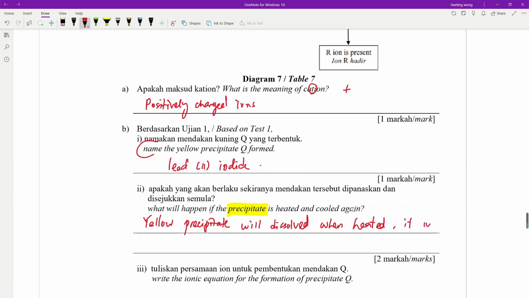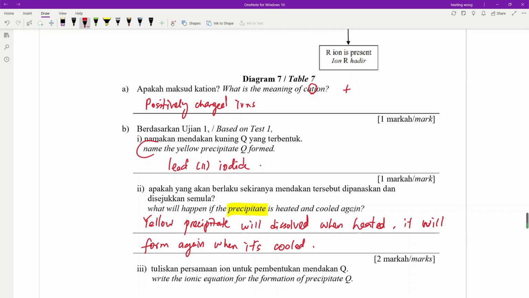And then it will form again, reform, when it is cool.